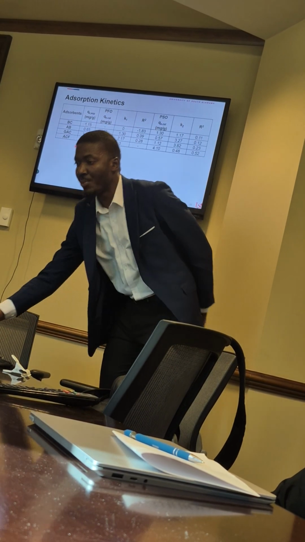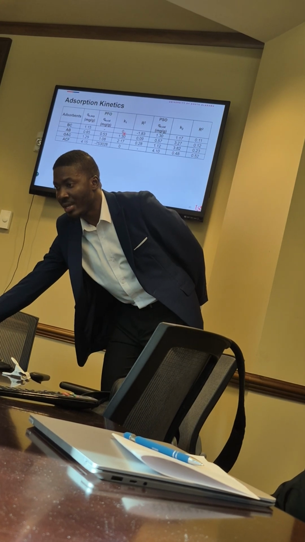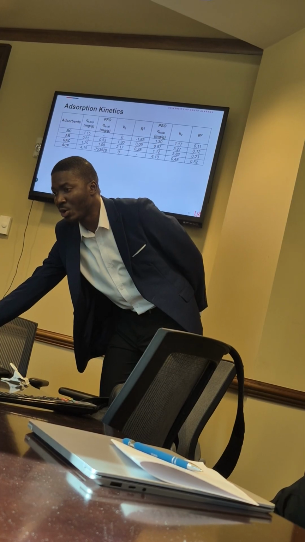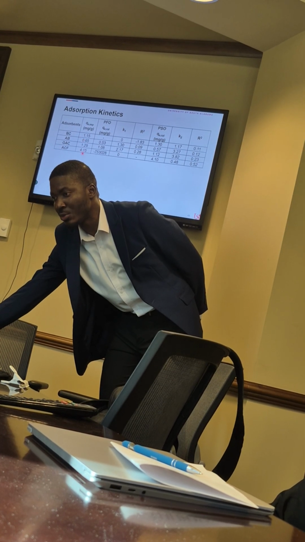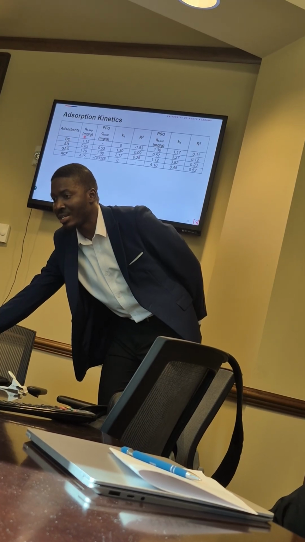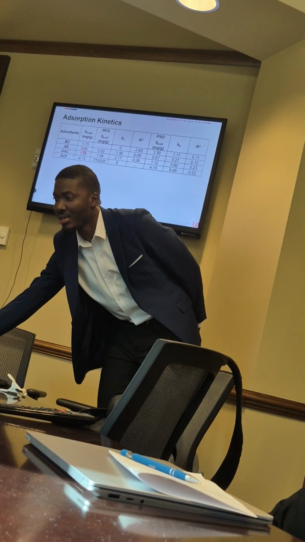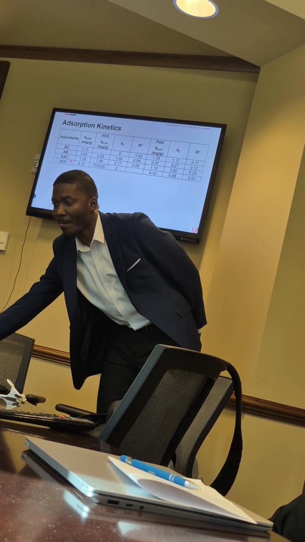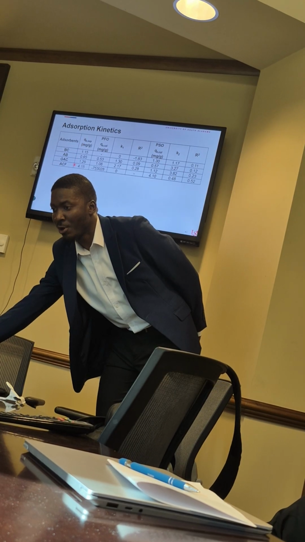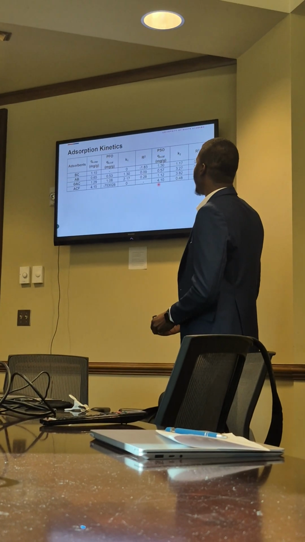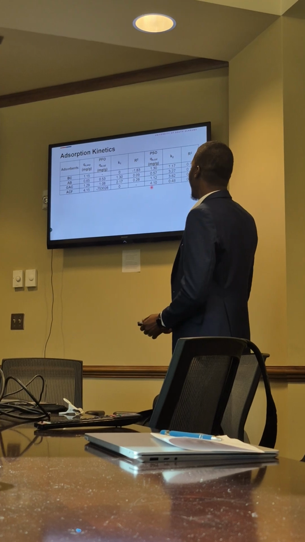The reason we want to go with the PSO model is because the capacities generated by our PSO model were closer to our experimental capacities compared to those of our PFO model. For example, biochar had an experimental capacity of 1.15, and the PSO model gave us a capacity of 1.30. We had a capacity of 4.15 experimentally, and the PSO model gave us a capacity of 4.10. This is just to confirm that indeed the PSO model best fits our data.